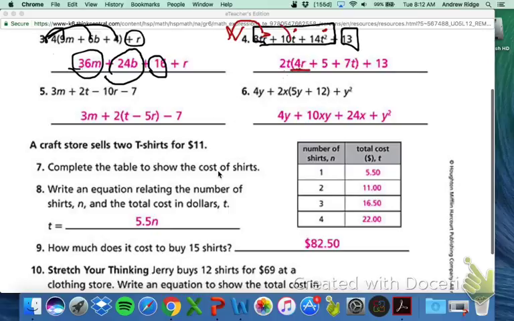What times 2t would give you 10t? The answer is 5. What times 2t would give you 14t squared? The answer is 7t. 7t, not 70, right? And then once again, 13 is just hanging out because it wasn't part of the original parentheses.